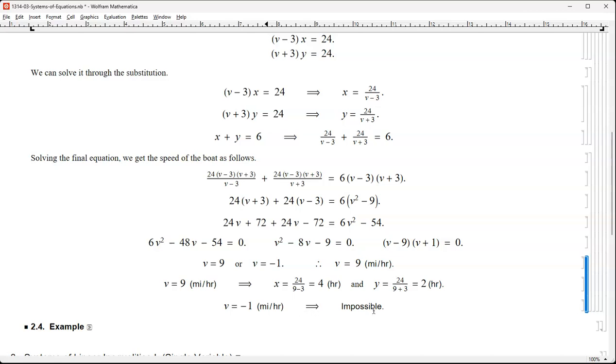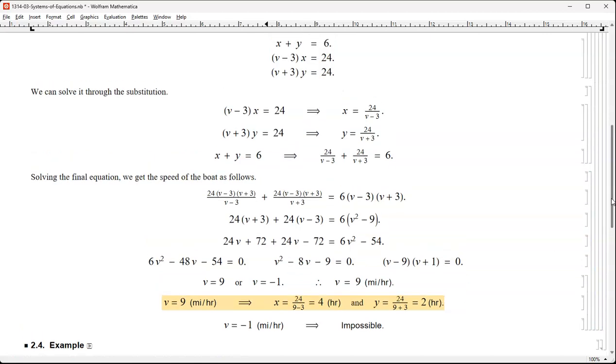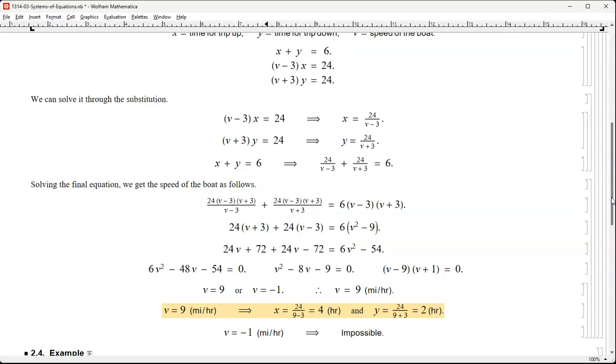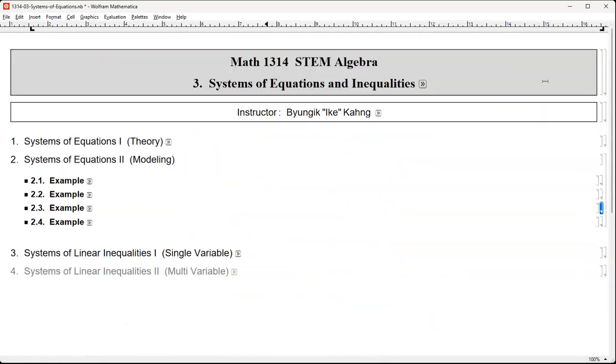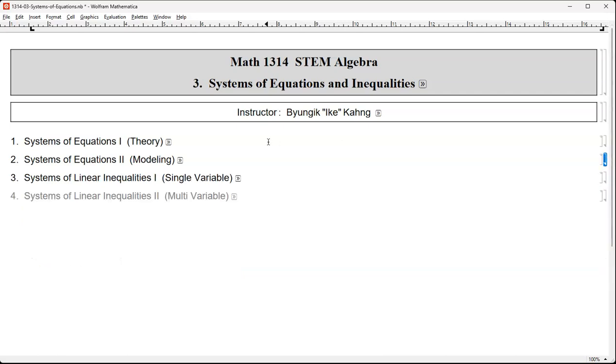From 9, negative 1 is impossible, and you can find out upstream and downstream times as well. It turns out 4 hours upstream and 2 hours downstream. Okay, that completes this problem, and I'll leave 2.4 to you, and let's say section 2 is complete.